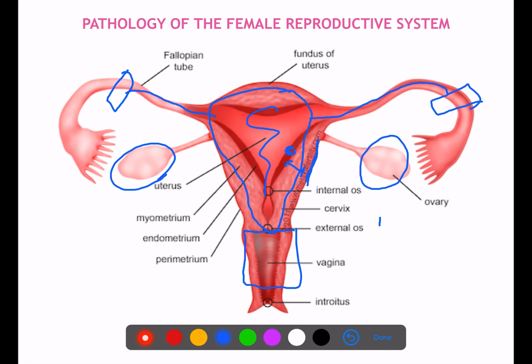We will start from the ovary, then talk about the fallopian tube pathological changes, and then the uterus, and at last the accessory sex gland, the major important one in the female reproductive system, which is the mammary gland.